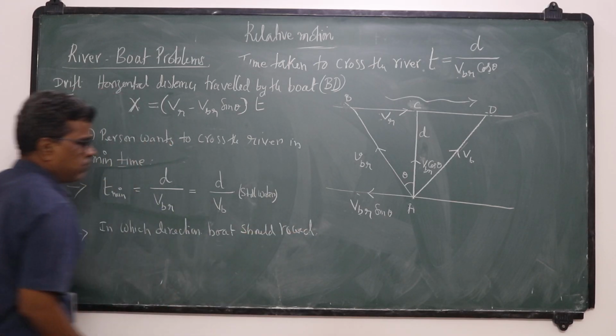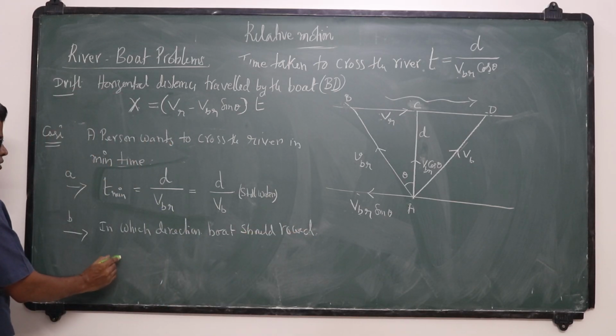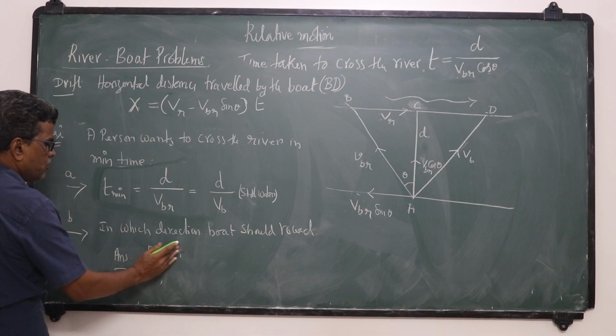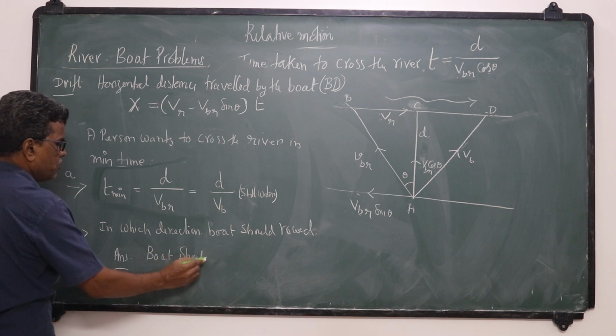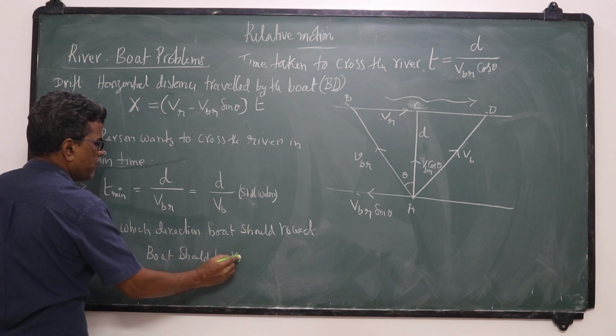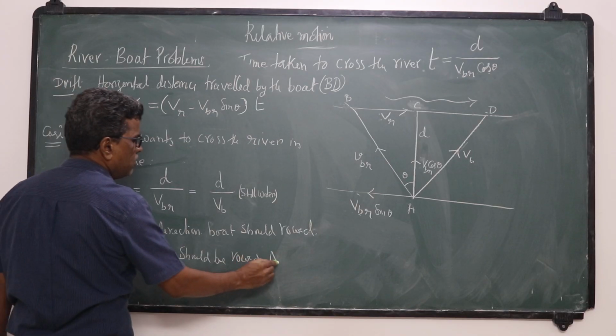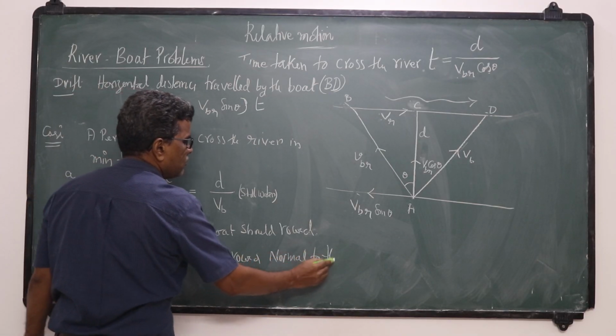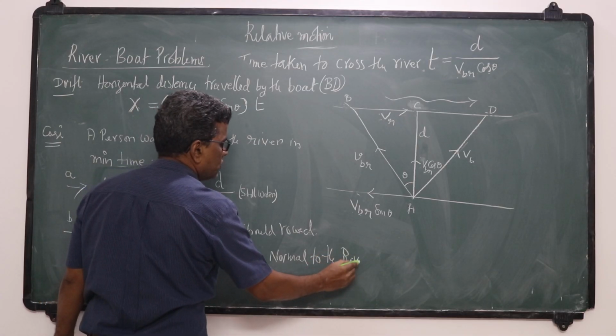That is the question. The answer is, the boat should be rowed normal to the river flow. So this is the answer.